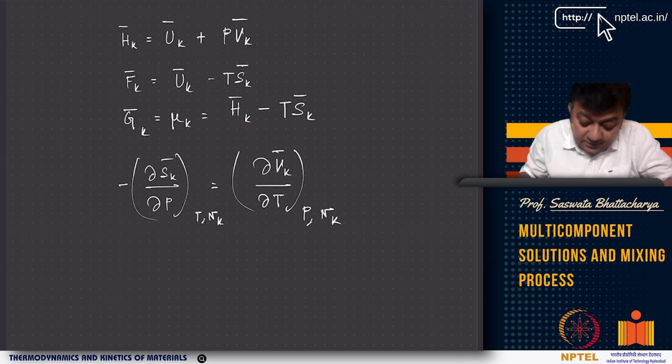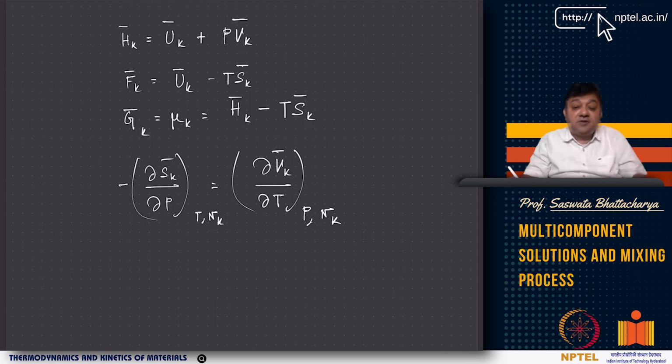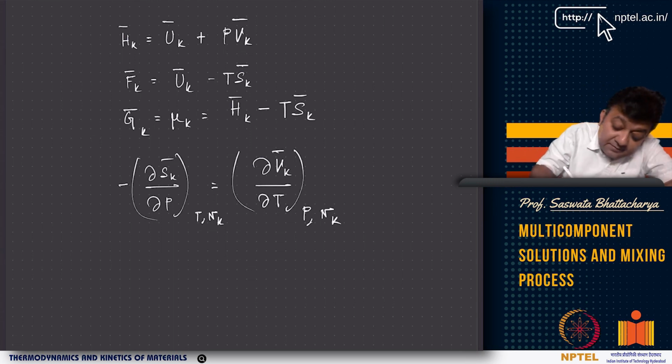Again, Hk bar is the partial molar enthalpy of component K, and Sk bar is the partial molar entropy of component K. And we can also write something like Maxwell's relations for these partial molar quantities. All of these are valid.